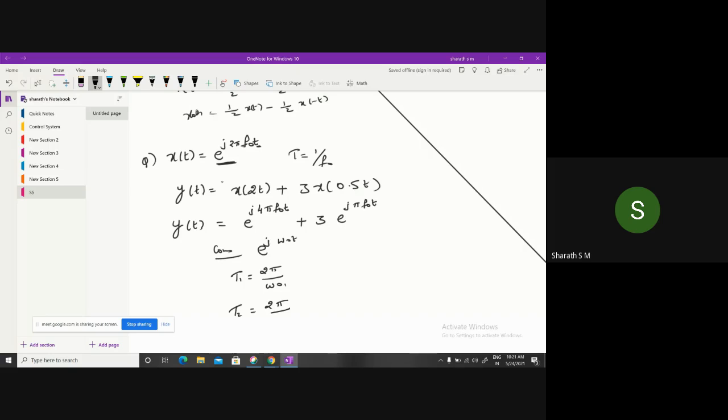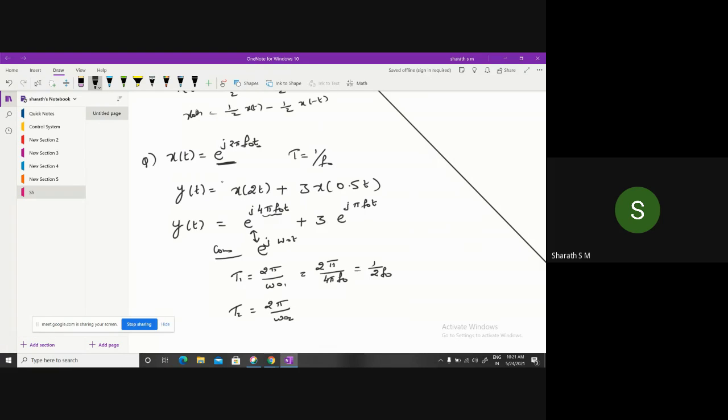What's the value of omega naught in the first one? Comparing with e power j omega naught t, omega naught is equal to 4 pi f naught. So T1 becomes 1 over 2 f naught.